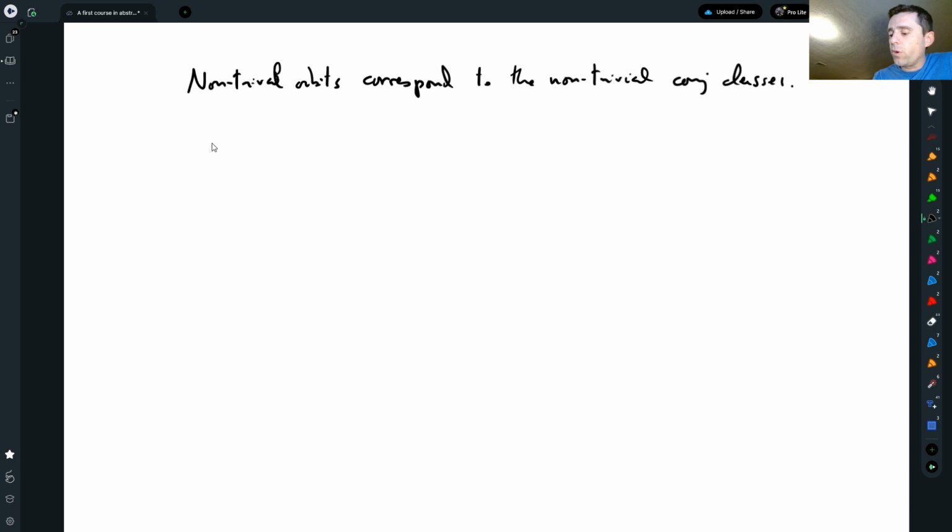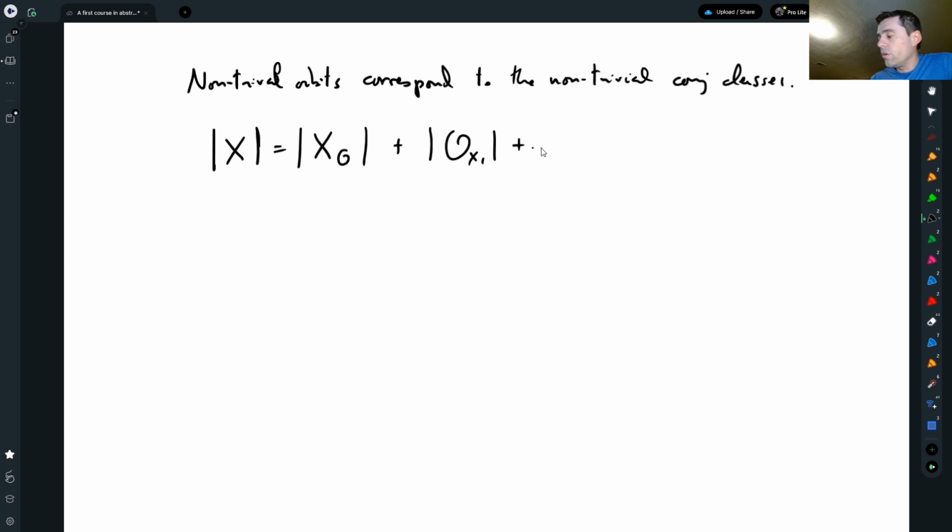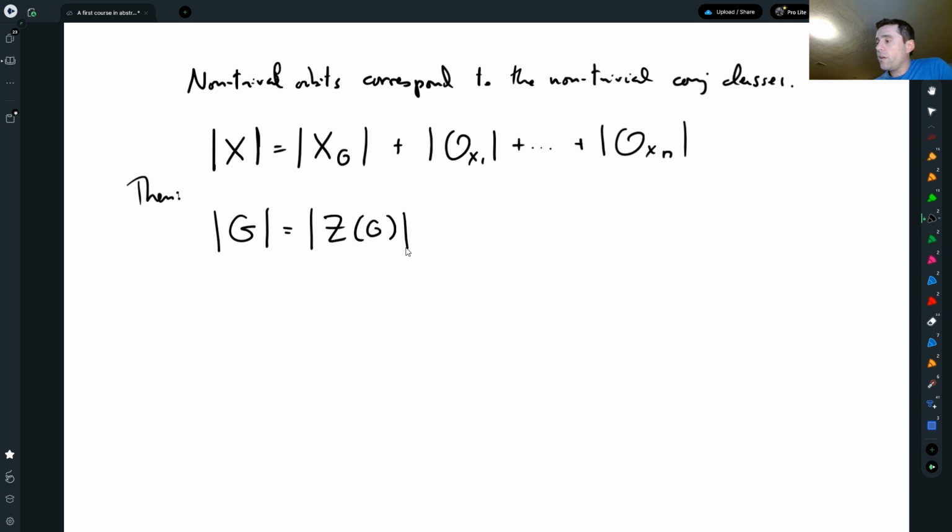Remember, we had the size of X is the size of the fixed points plus the sum of the sizes of the disjoint non-trivial classes or orbits. So in our case, X is G, so the size of the group is the size of the center, because the center we said is the fixed points under the action, plus the sizes of all the non-trivial conjugacy classes.